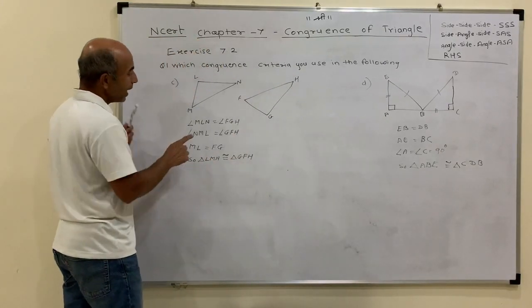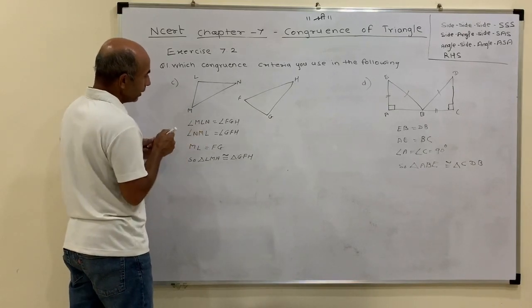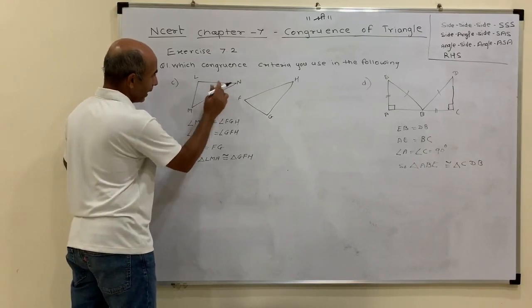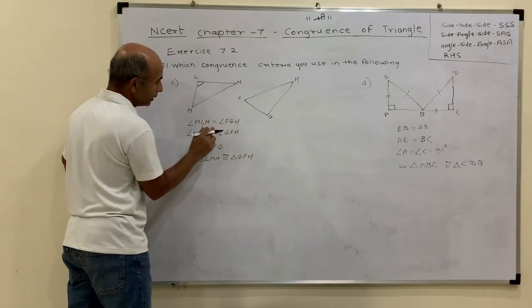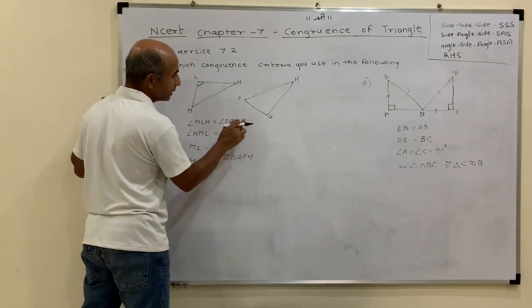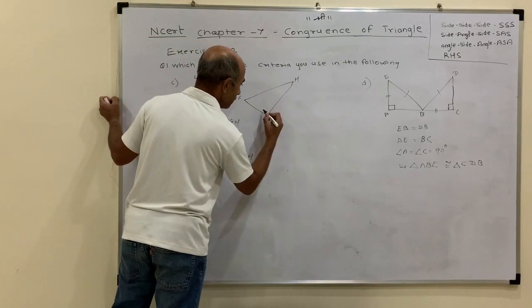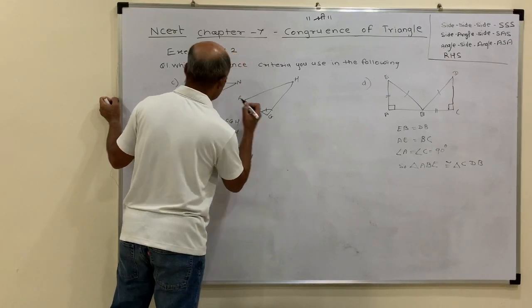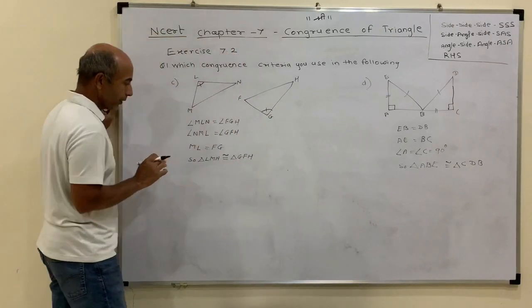Now what they say: angle MLN is equal to angle FGH. We mark it with a cross.